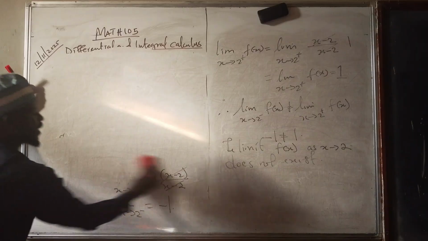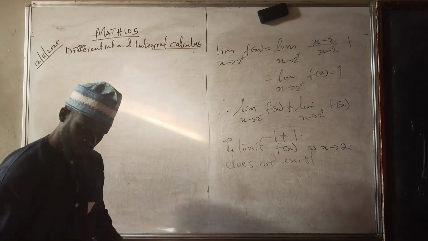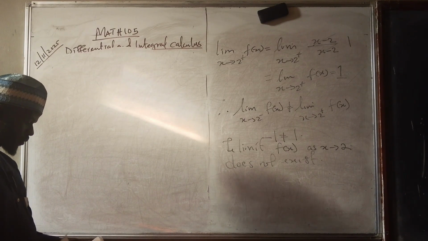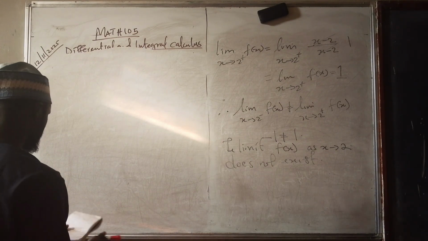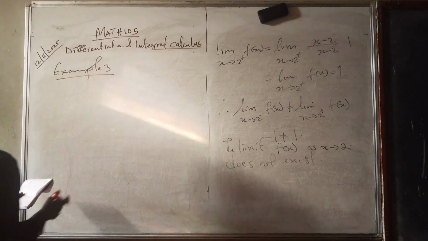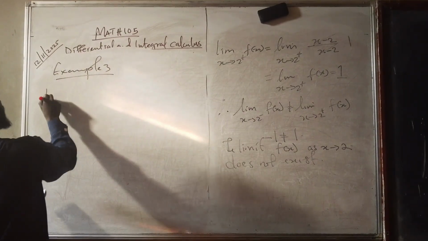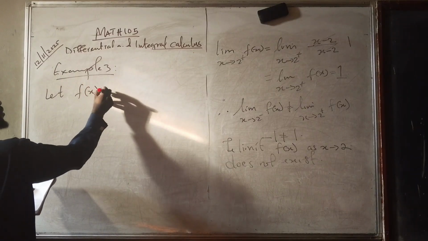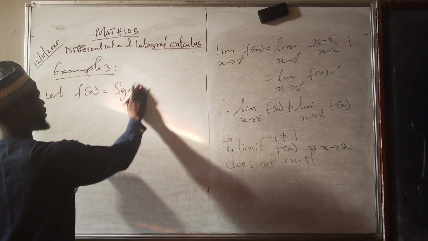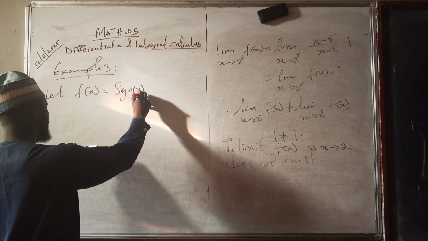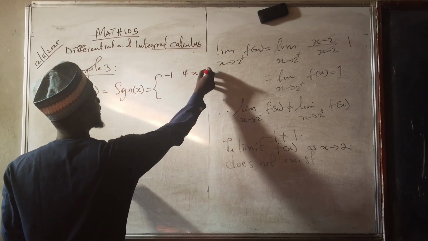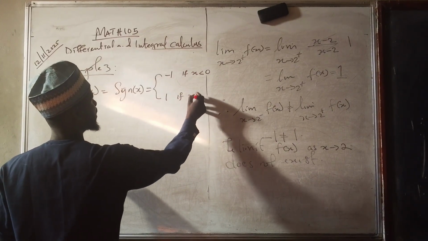So we have another example. Let f of x be equal to sgn of x, that is the sign function of x, equal to minus 1 if x is less than 0, and equal to 1 if x is greater than 0.